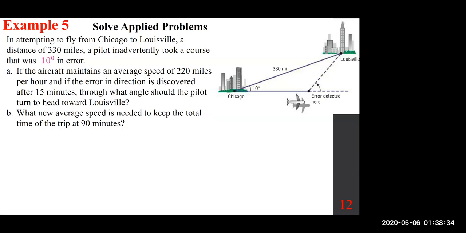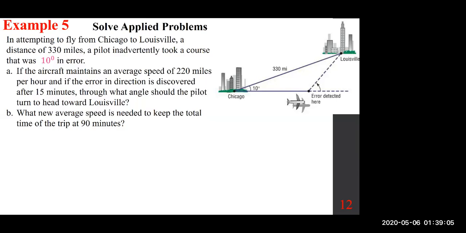In attempting to fly from Chicago to Louisville, a distance of 330 miles, a pilot inadvertently took a course that was 10 degrees in error. A, if the aircraft maintains an average speed of 220 miles per hour, and if the error in direction is discovered after 15 minutes, through what angle should the pilot turn to head towards Louisville?